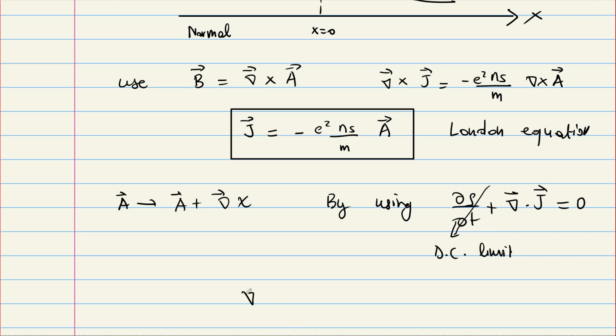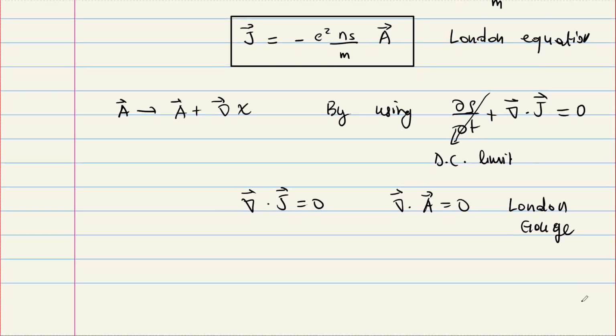In that case, del dot j is equal to 0, which means, from this equation, del dot A is equal to 0, right? And this is what we call the London gauge. So in this equation, J proportional to A, can you also have a gradient term? Yes, that's how I fixed it. I got rid of that extra term by taking the London gauge. Good.